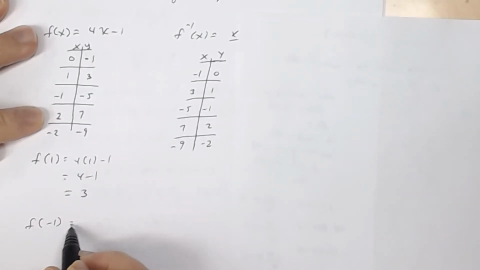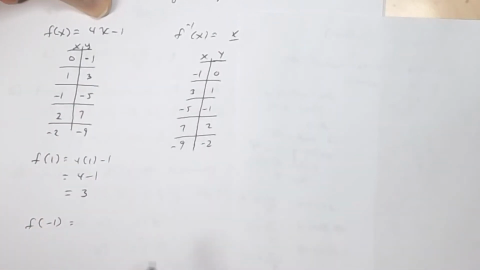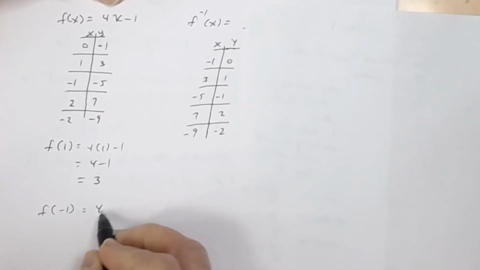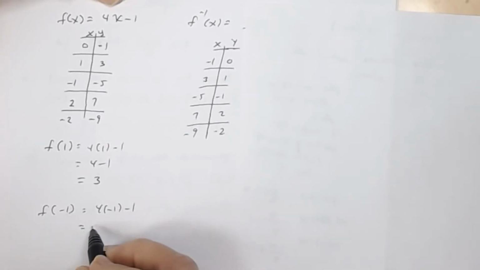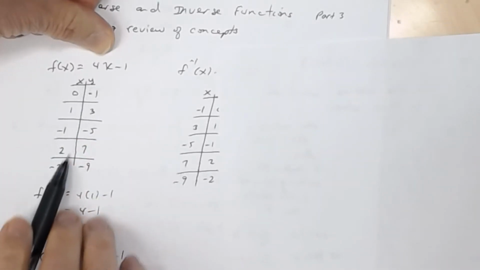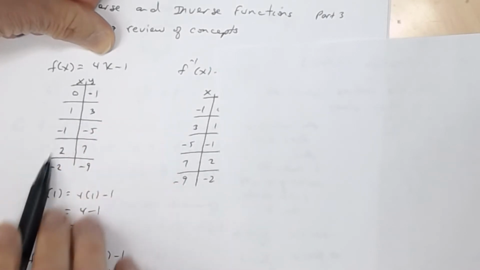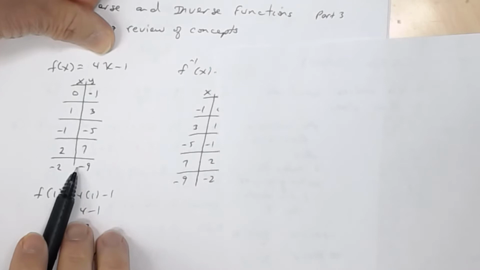So I go to my function, and where we see the variable x, I substitute negative 1. So I get 4 times negative 1 minus 1, negative 4 minus 1, which is negative 5, and that's what I have here. But again, when we filled in this t-table, we actually substituted the value of x into here, and we found the y value.